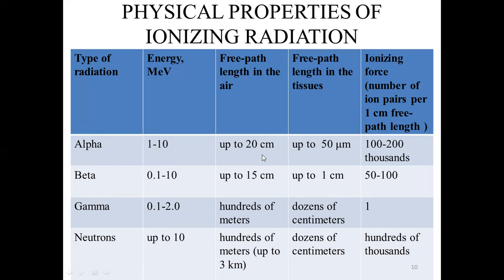So you can see that free path length is the greatest for neutrons. Free path length in tissues, this column, and ionizing force, or number of ion pairs per 1 centimeter of free path length. So you can see that the greatest ionizing force we have for alpha particles and for neutrons.